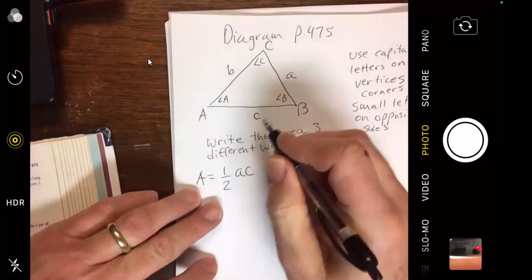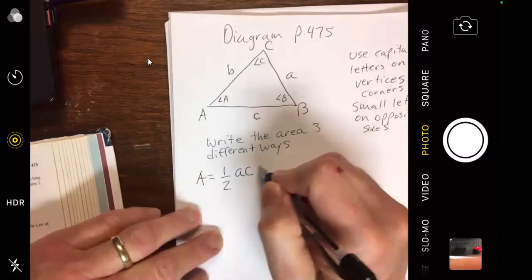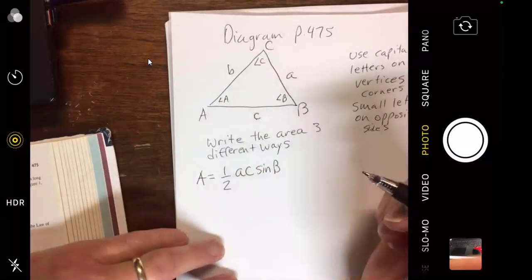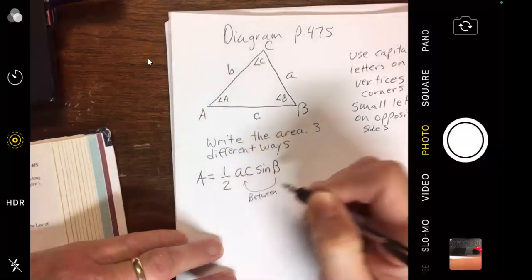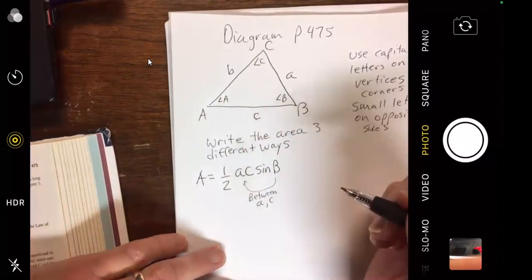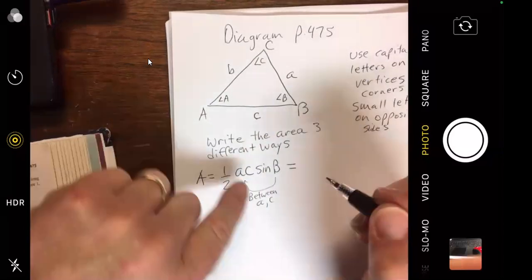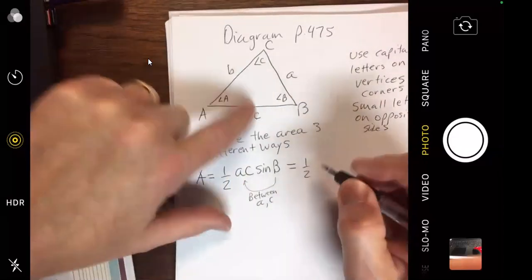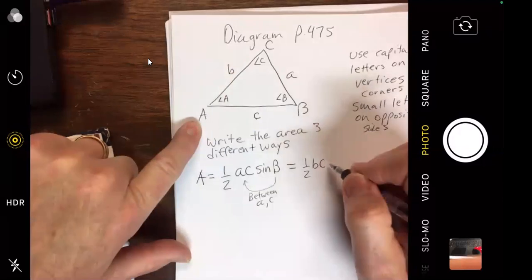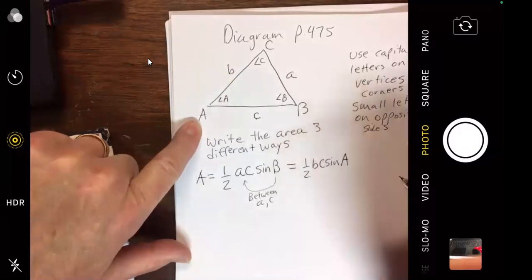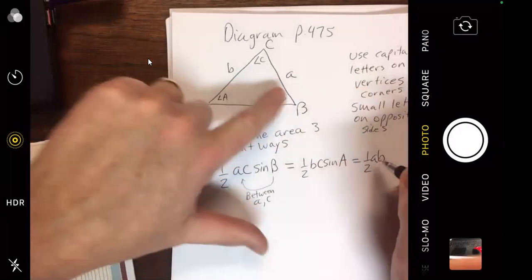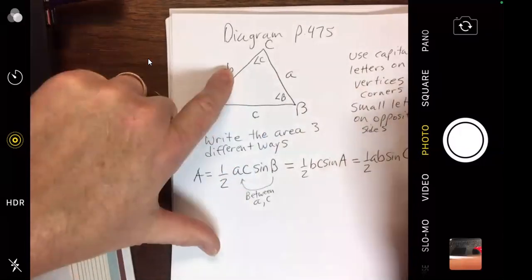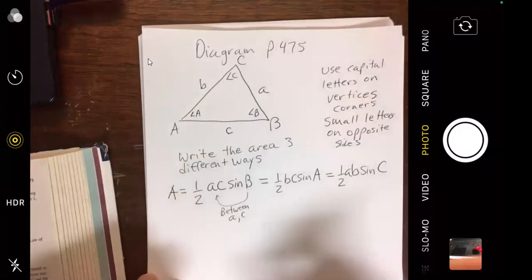Let's pick a and c, and angle B is between them. Sine of big B. But that's the same thing as if I picked b and c, and then A is between them. Sine of big A. Well, that's the same thing as if I picked 1/2 a and b and did the sine of big C between them. All of them will give you exactly the same area.